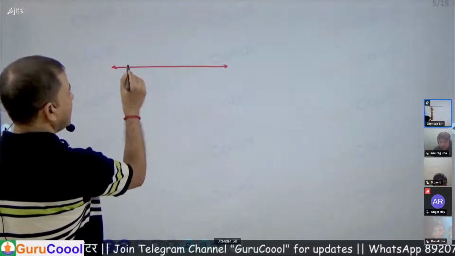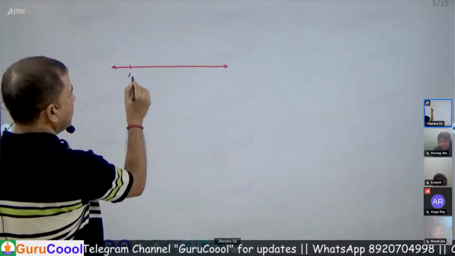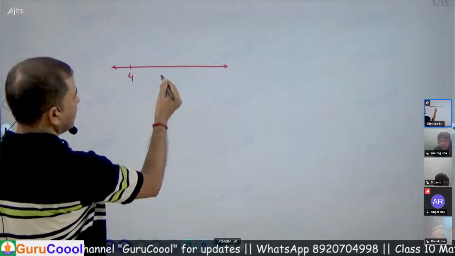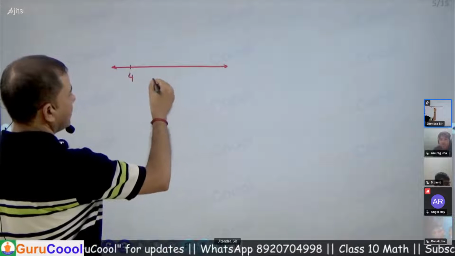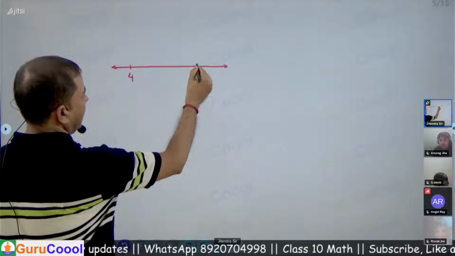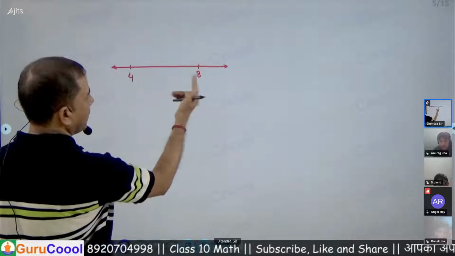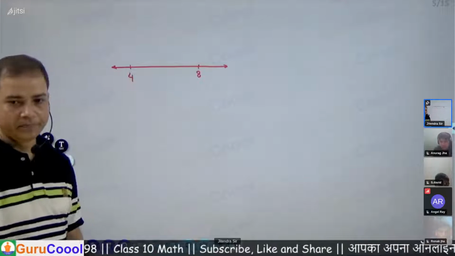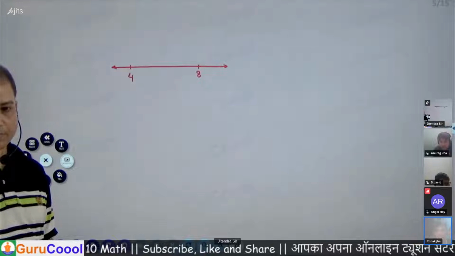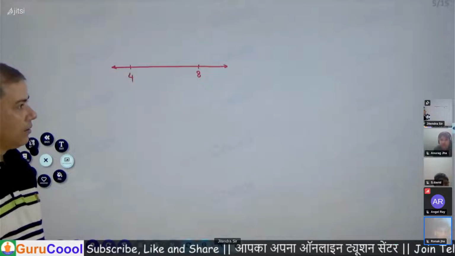Let us take here 4 and 8. What is the central number between 4 and 8?